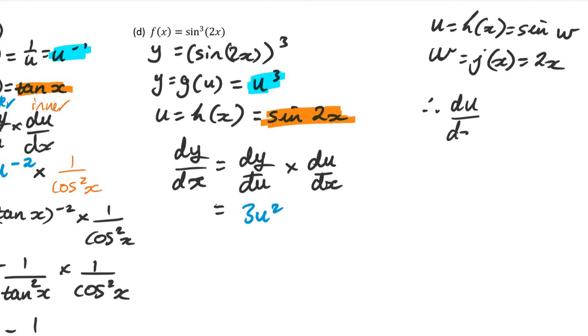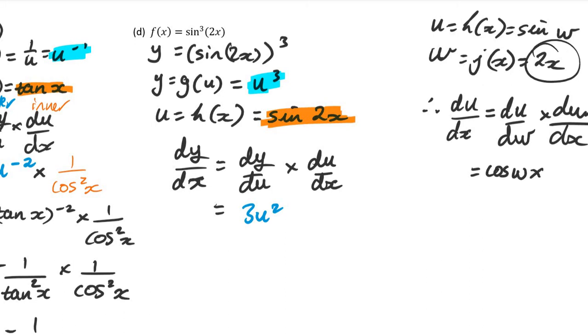So, du dx equals du dw times dw dx. Derivative of sine of w is cos of w. Derivative of 2x is 2.